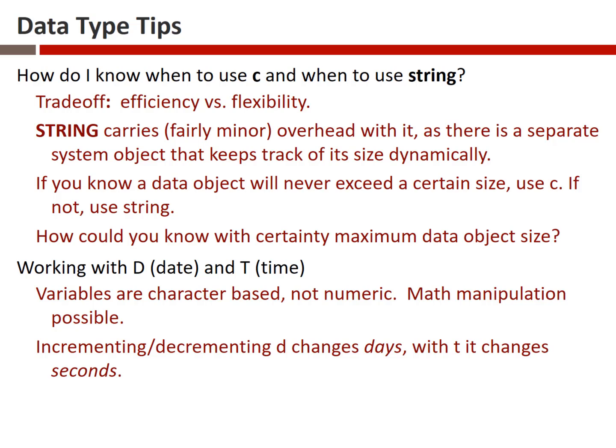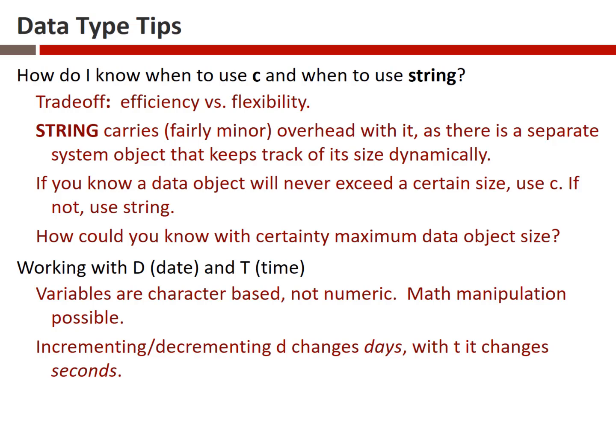So if I wanted to say 3 minutes in the future, I would add 180 to the value that is in T. So that's kind of an odd situation in that it's character-based, but I can actually do math on it. The reason for that is pretty straightforward. Obviously, people do want to, from time to time, do data manipulations on dates and times.